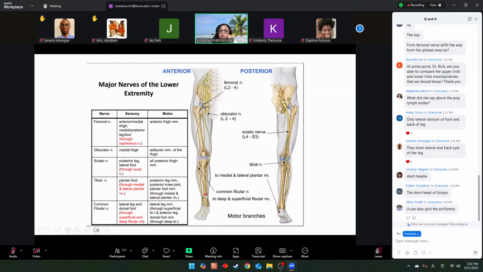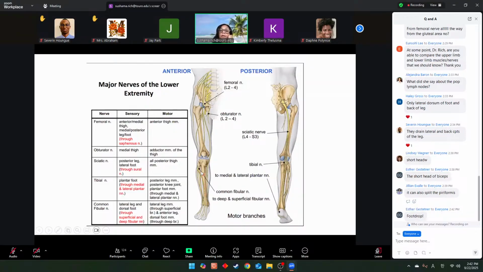So don't forget, sometimes the questions will ask you, what position will you find the foot in? Let's take this case, for example: if the deep fibular nerve is affected, anterior compartment muscles are not working, so dorsiflexors are not functioning, so your foot will be plantar flexed.